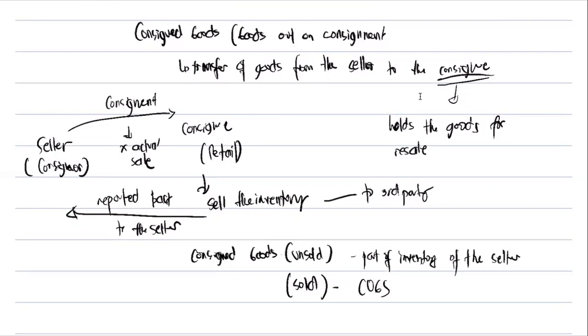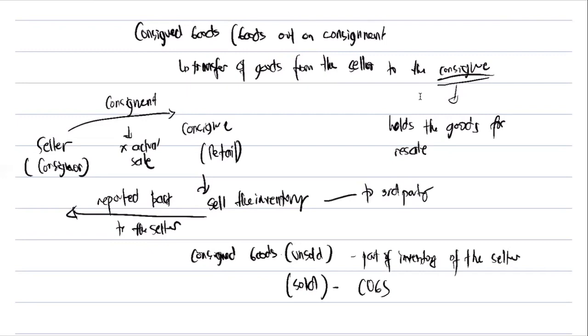So those are the brands, let's say. Those brands are not actually purchases of SM. They are only consigned to SM. So in short, SM is the consignee. It is the retail store. It is not part of the inventory of the retail store because the retail store only holds them for sale, but it does not have the risks and rewards over those inventory.